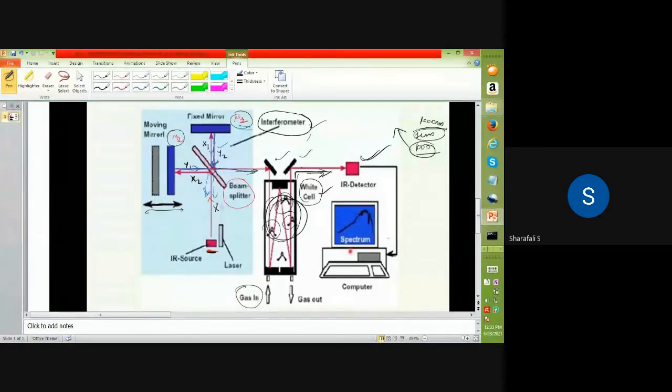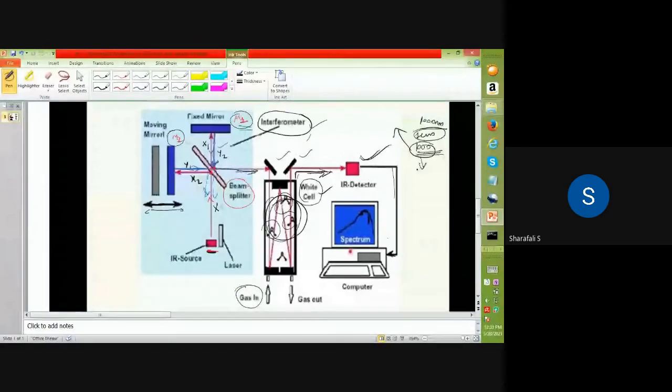All those values will be stored in the system, and the system will be analyzing those 1,000 points.